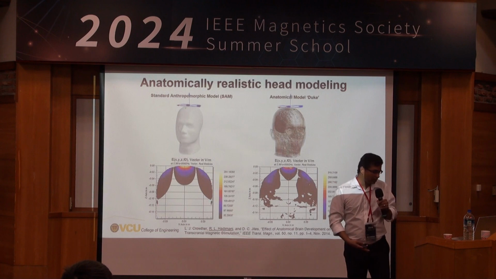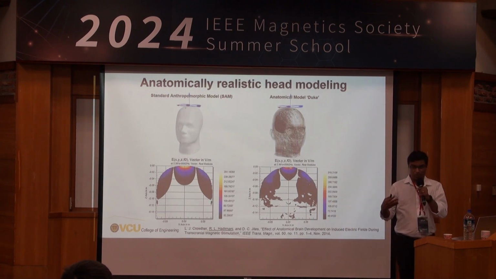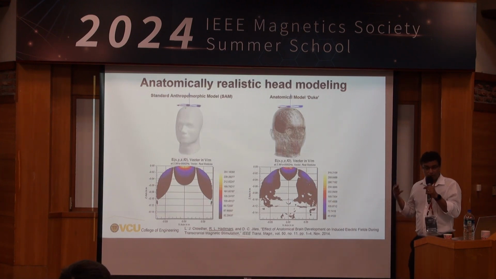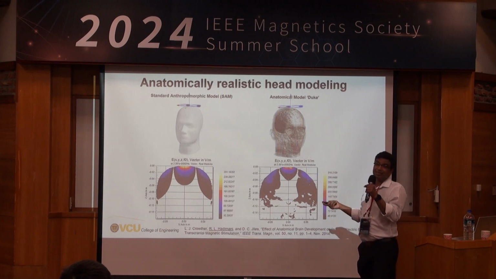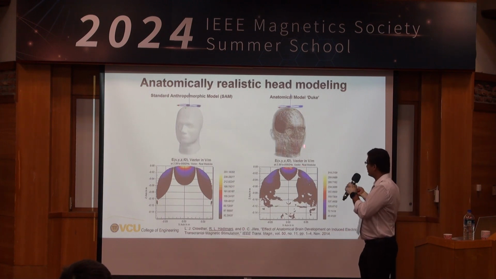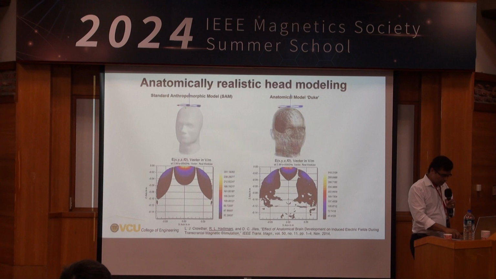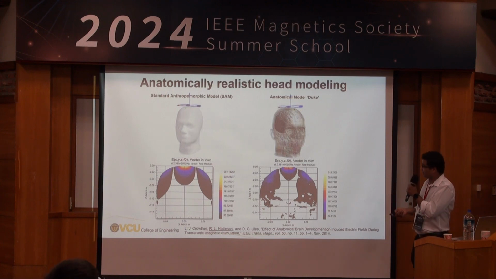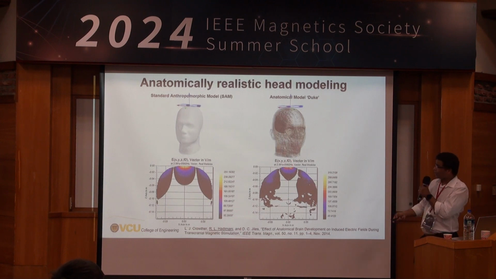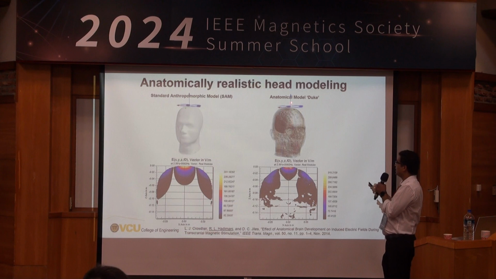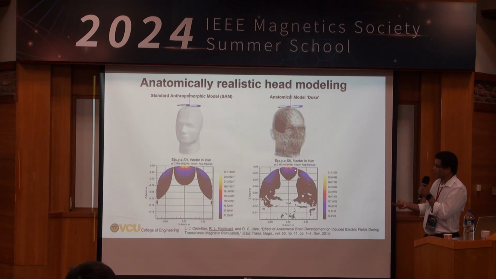Although we don't have to consider permittivity at this point, because our signal is only 2.5 kilohertz. It's a low frequency signal, so you can ignore the permittivity part. If you use a heterogeneous head model, this is how it looks when you calculate the induced electric field.